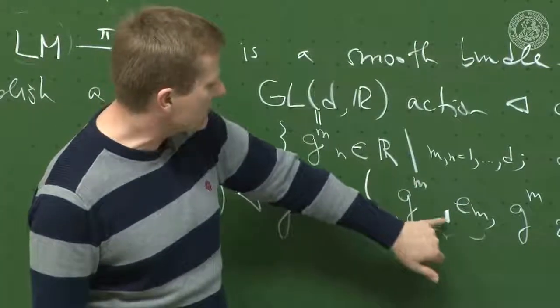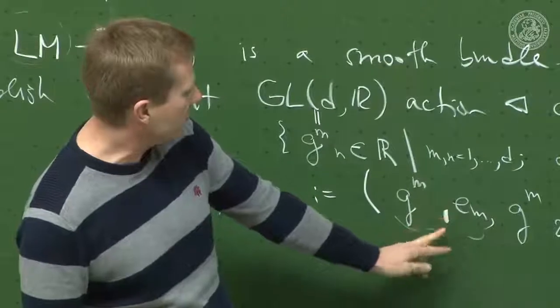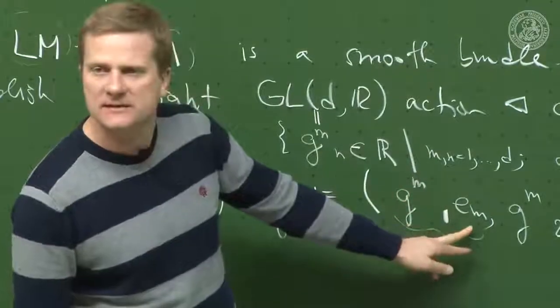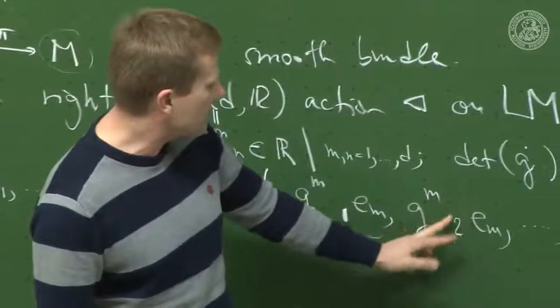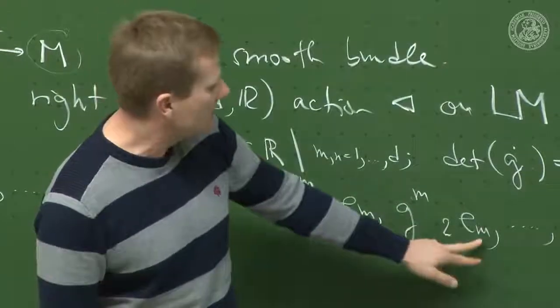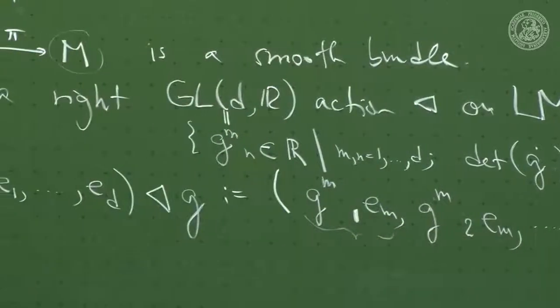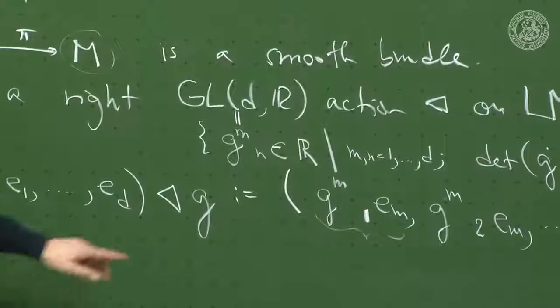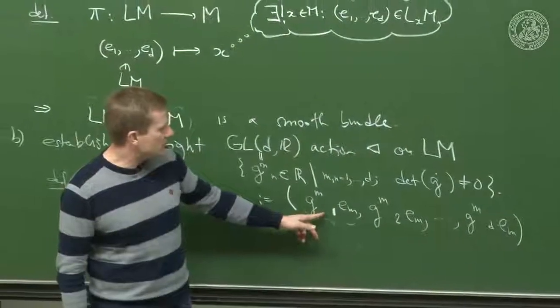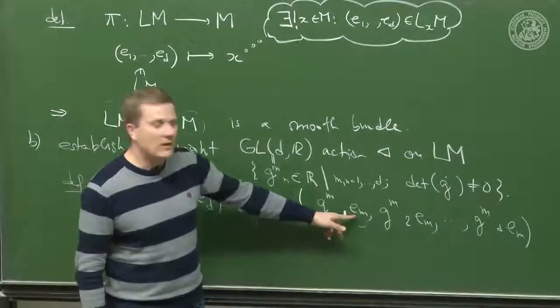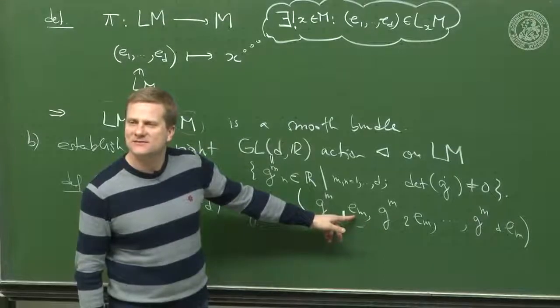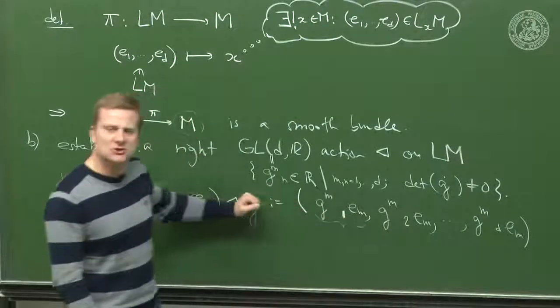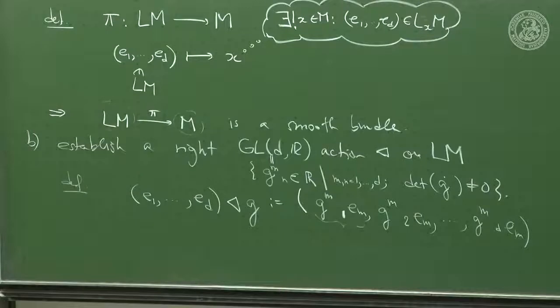So it's the first collection of coefficients for this linear combination. This is the second collection of coefficients for this linear combination that makes up the second one, and so on. And this is, of course, precisely how you transform from one basis to another basis. So this is what the action of the GL group is doing.